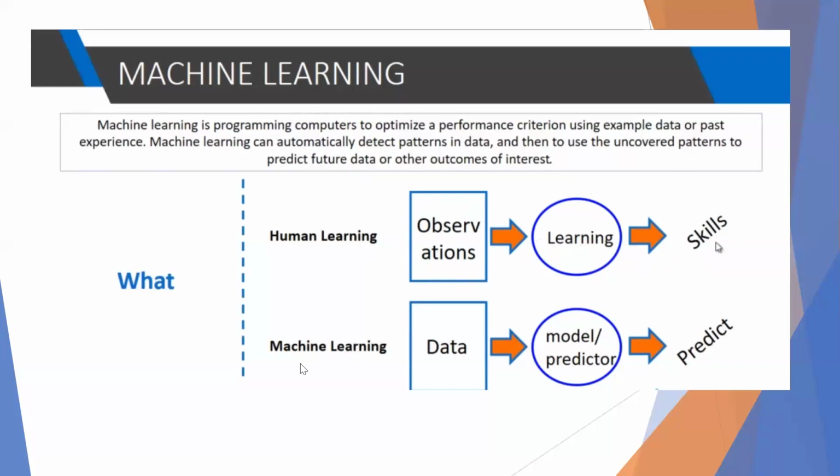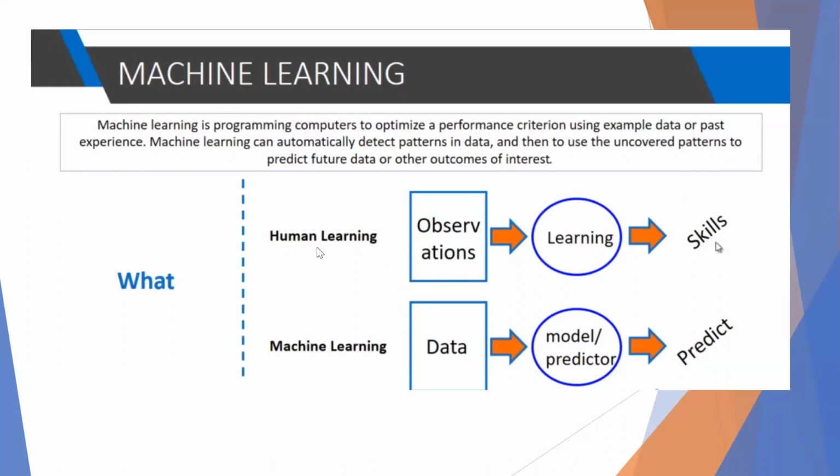And what machine learning does is, it takes raw data and builds models on its basis. From this past data, the model is able to predict some numerical figures that can be used for further prediction or some other task. So this concept is similar to human learning.